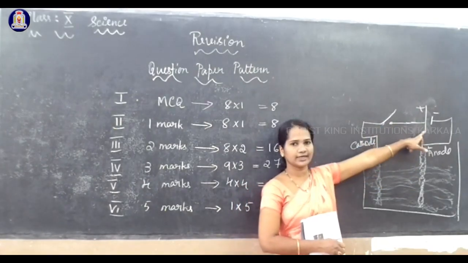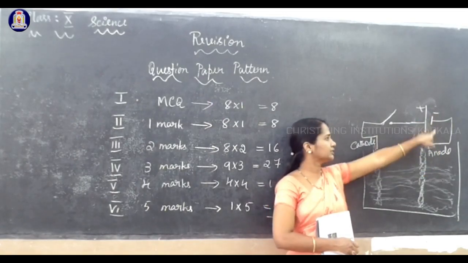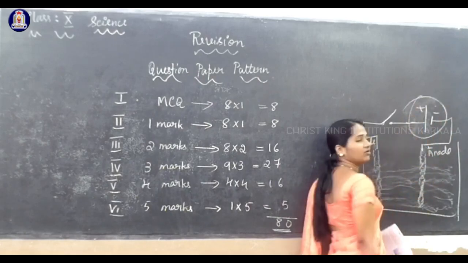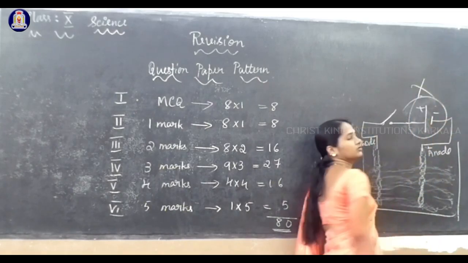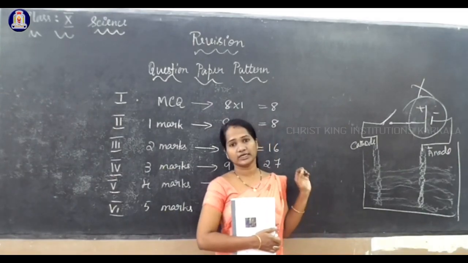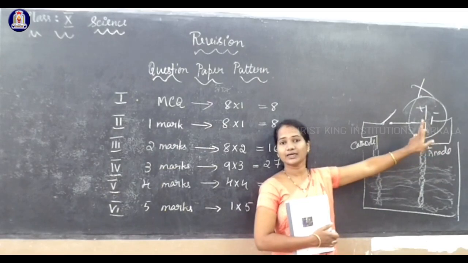This is a wrong connection. This is the usual mistake that most of the students made so far. We should not connect minus to the anode; the diagram will be wrong.